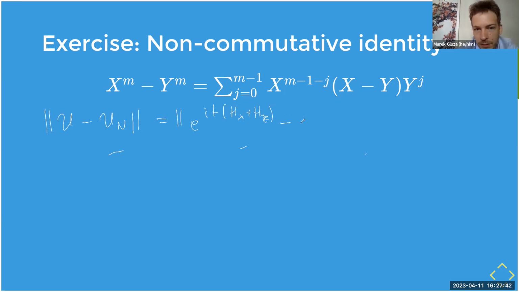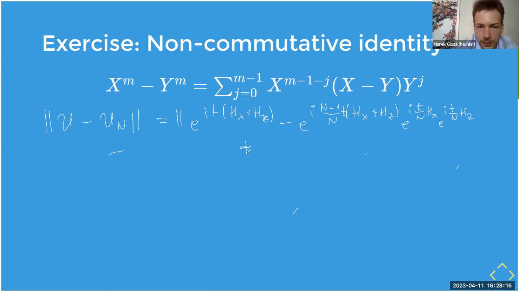And let me insert here something silly, t over n hx plus hz times e to i, and here I have still t over n hx, e to i t over n hz.